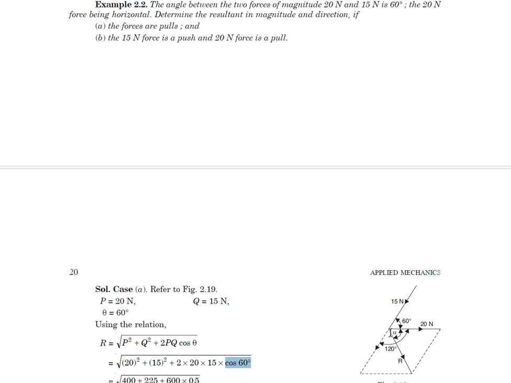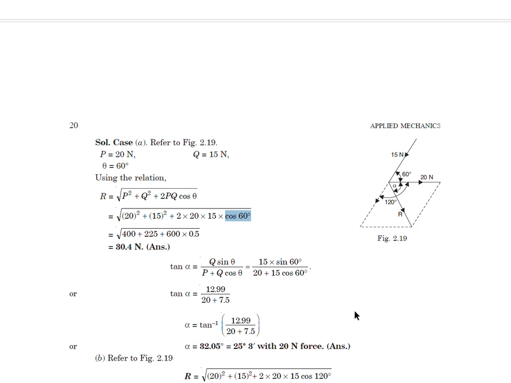That is a push. Pushing means pointing towards the point from where the 20 Newton force is originating. So you will have to remember this when you are solving this kind of problem with the parallelogram law, which we discussed at the first instance.